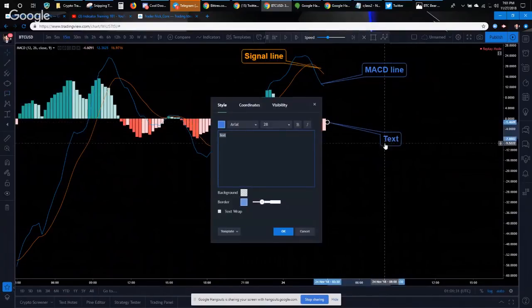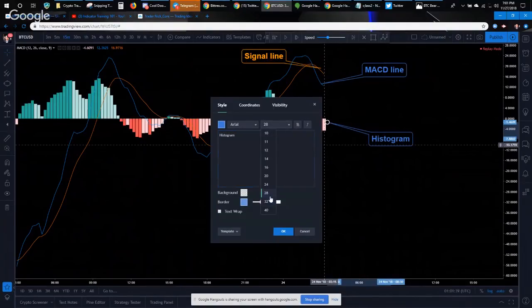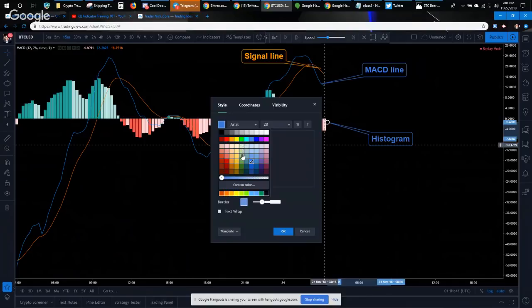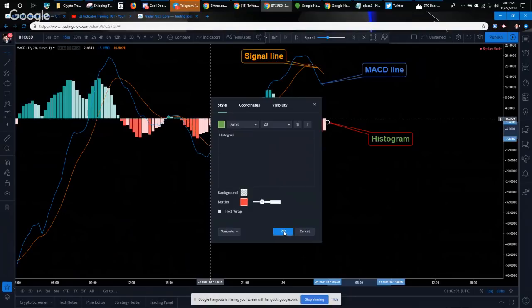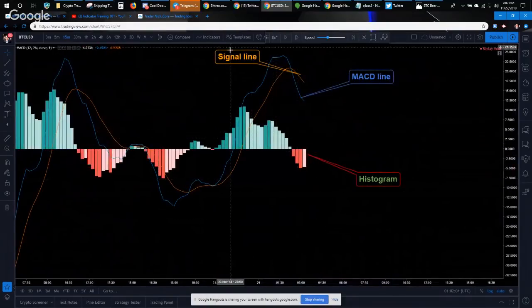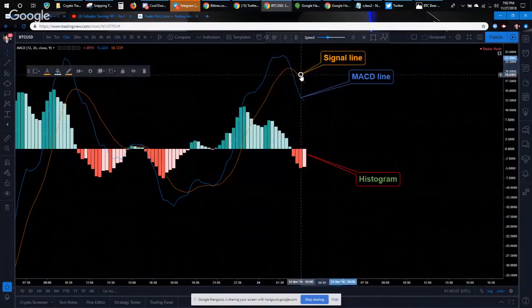And our histogram. Okay. Let's adjust this so you guys can see this clearly.